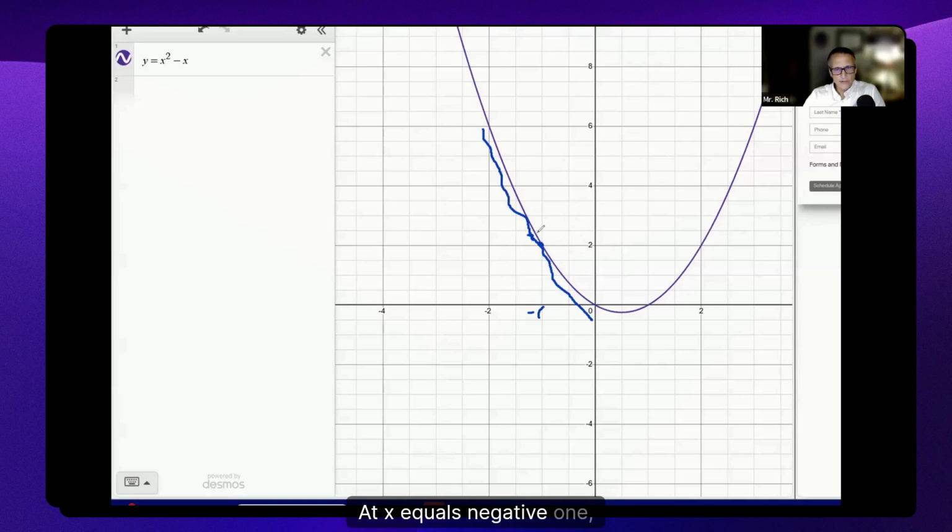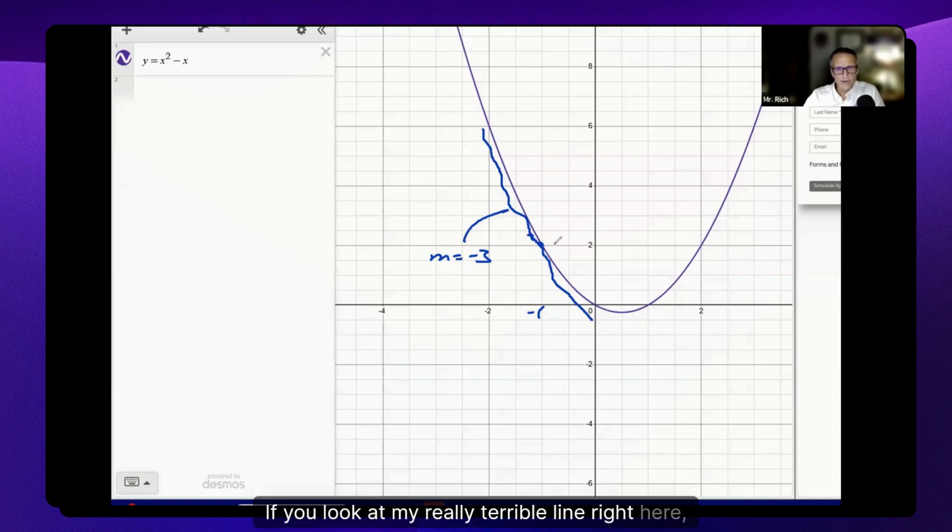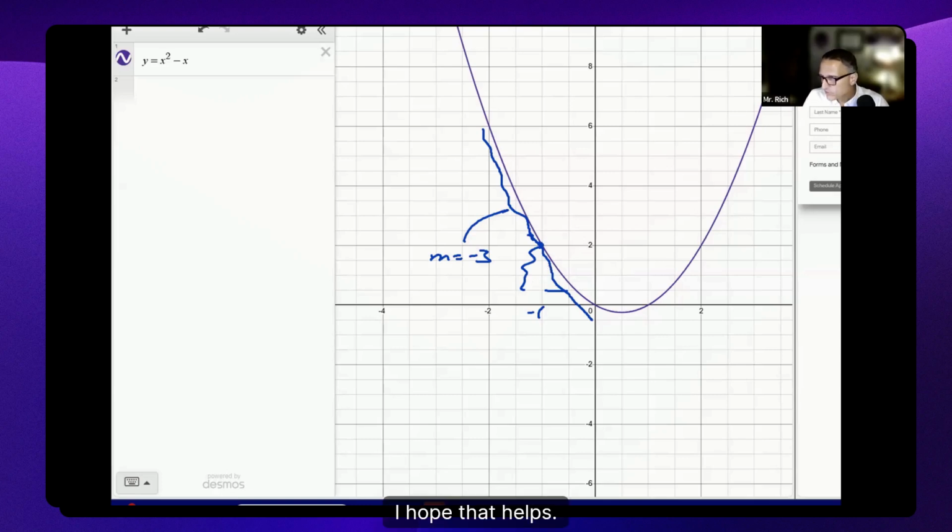At x equals negative 1, the slope of that line is negative 3. And you know what? That kind of makes sense. If you look at my really terrible line right here, you can see the rise over run is approximately negative 3. It looks like there's a rise of 3 with a run of about 1. Of course, that's scaled differently, but you can see it's close. So anyways, I hope that helps.